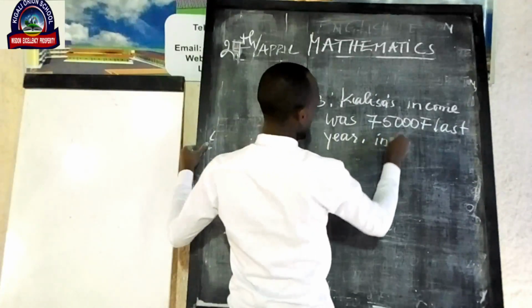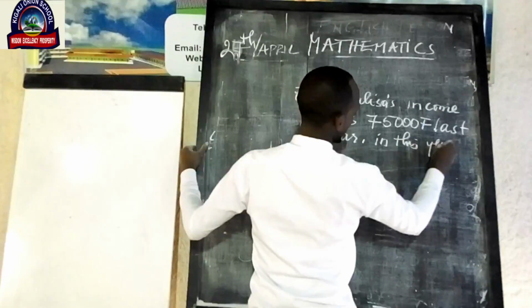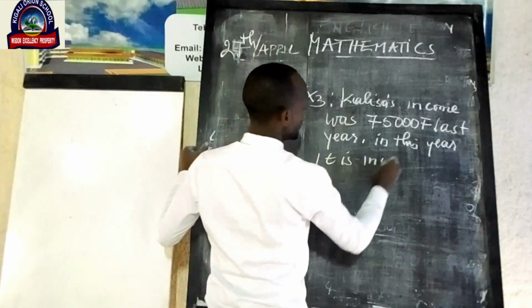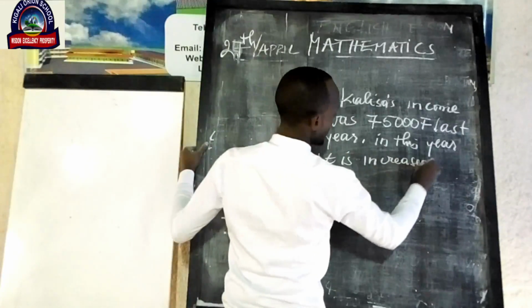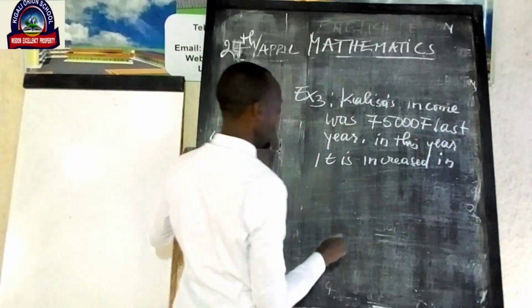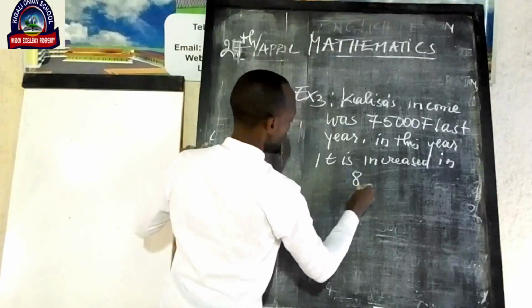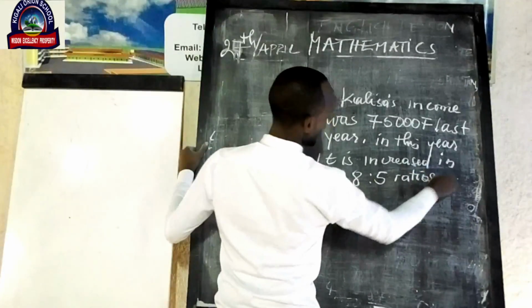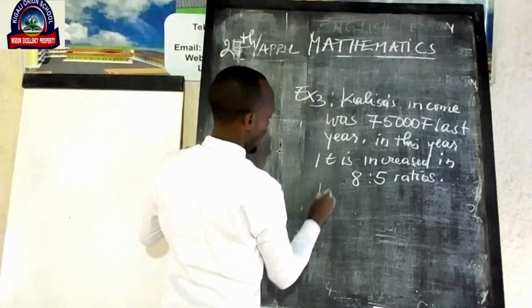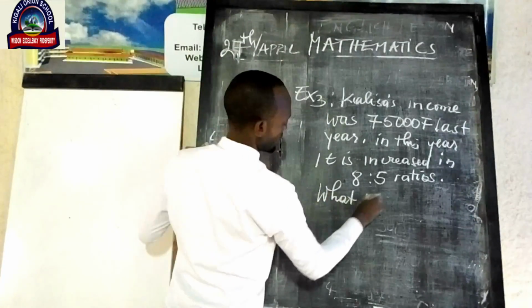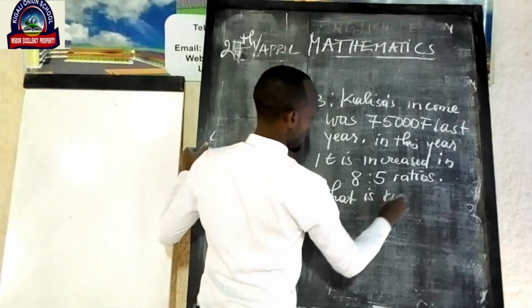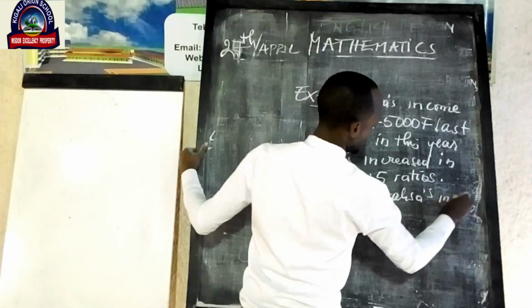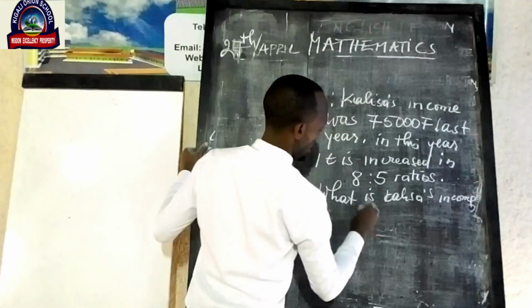This year, it is increased in 8 5 ratios. The question is, what is Carissa's income this year?